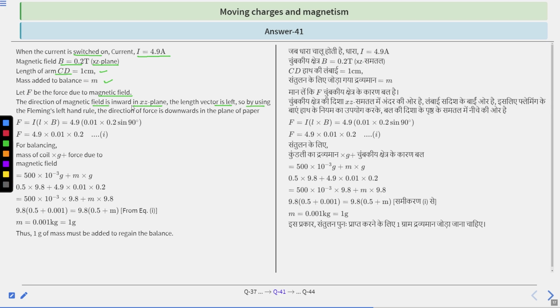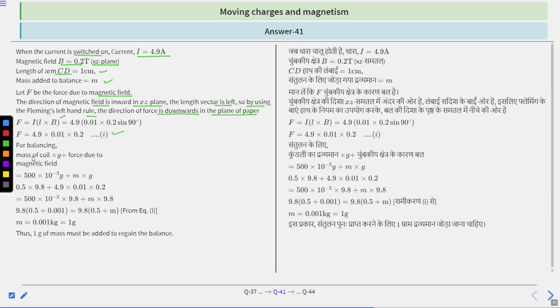By using Fleming's left hand rule, the direction of force is downwards in the plane of the paper. So F is equal to I L cross B. After putting in all the given terms, you get 4.9 into 0.01 into 0.2 sine 90 degree. So F is equal to 4.9 into 0.01 into 0.2. Let this be equation first.